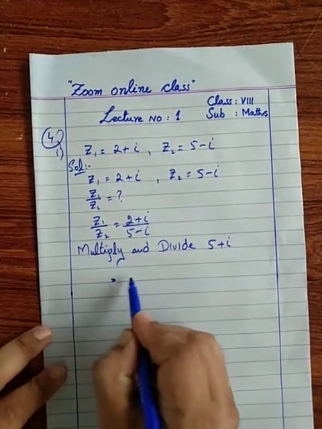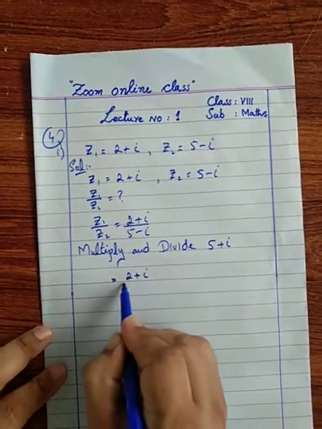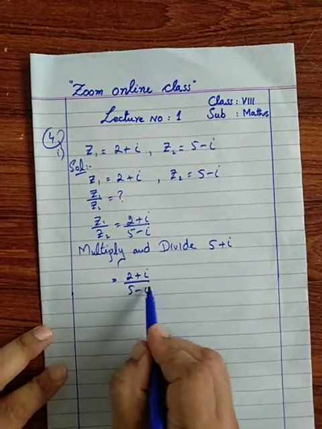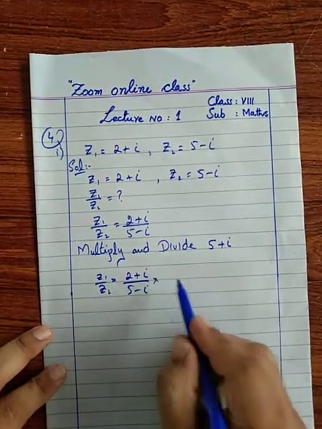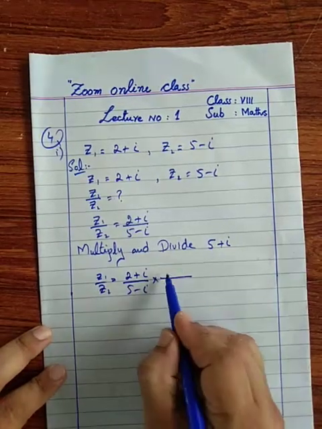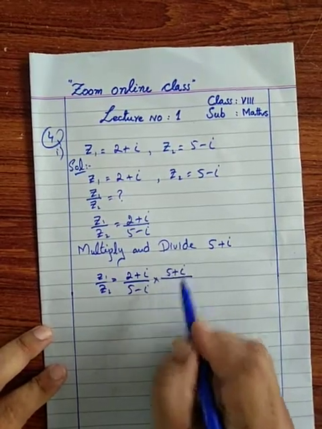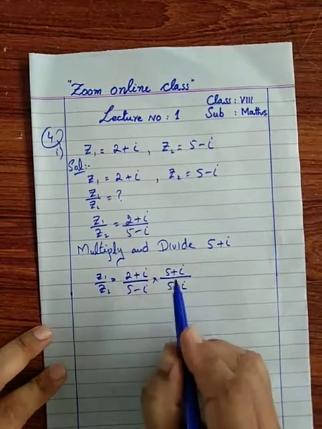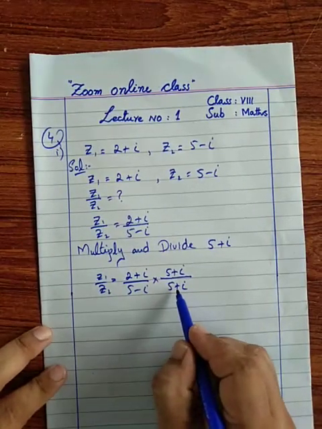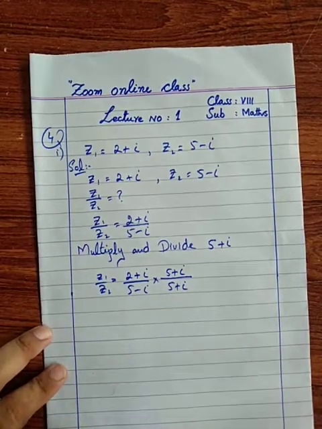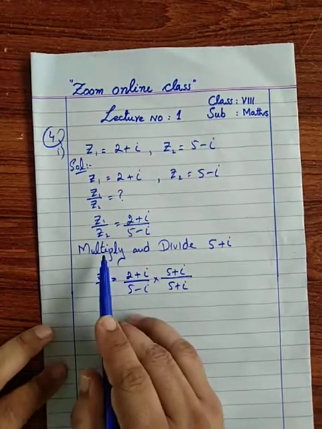So here we repeat our question, Z1 by Z2. After the multiply sign, we write the conjugate above and below. The above portion is called multiplication and the below portion is called division.